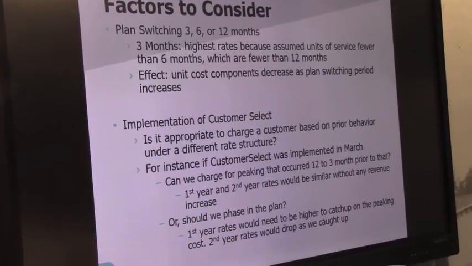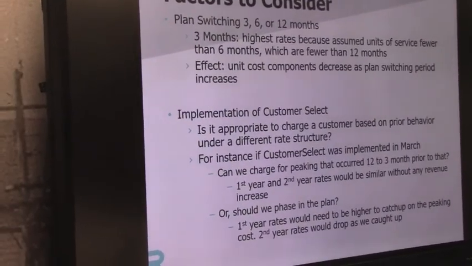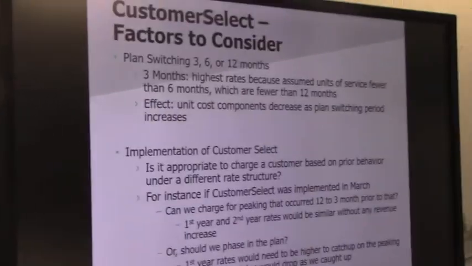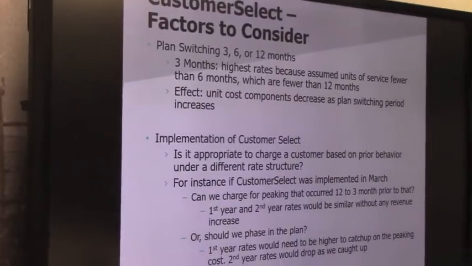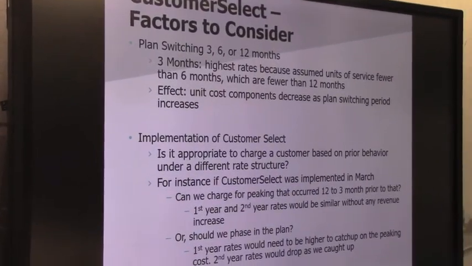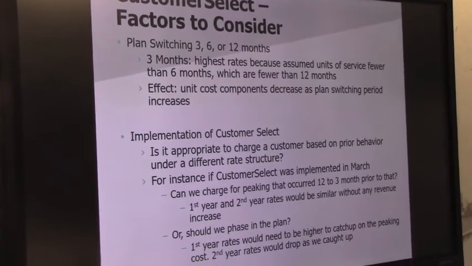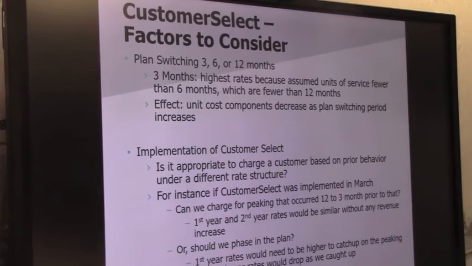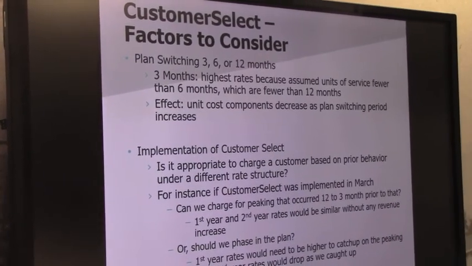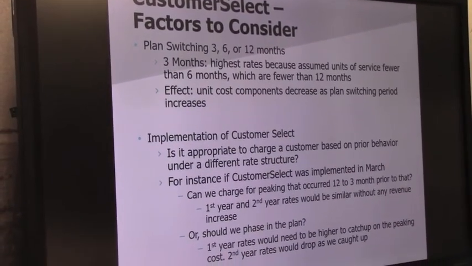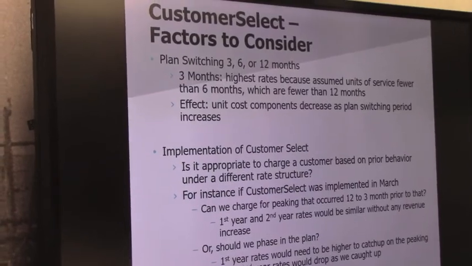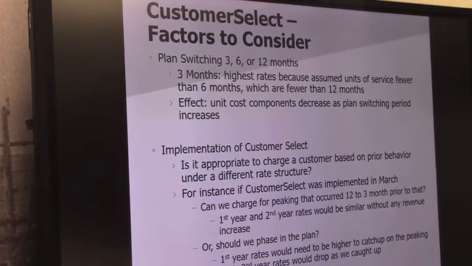I thought that was reasonable, even if we started in the summer, someone may have had a family reunion in March. I don't think that's what he means. I think he means, is it appropriate to charge a customer in CustomerSelect based on what they used when they were under a 4-tier rate? Because their consumption could be completely different.